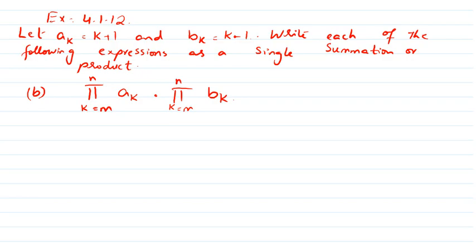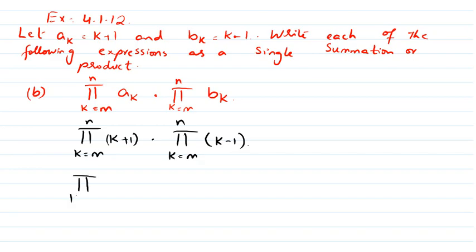So putting the values of AK and BK, K is going to be from M to N K plus 1, right? Dot, the second term is going to be again from M to N K minus 1. Now applying the third property, that was against the product, I can have K from M till N K plus 1 times K minus 1.